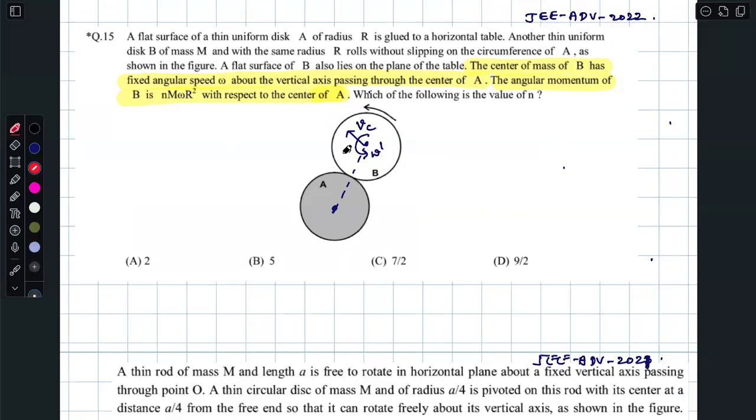In this situation, you need to remember this formula: I_CM omega bar plus R_CM bar cross M V_CM bar. That's the relation. Now, very clear.